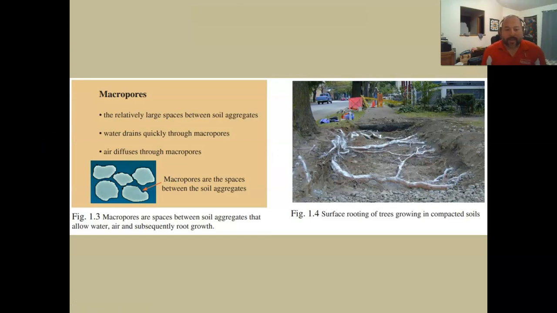I talked about this idea before: macropores are the large pore spaces between soil aggregates that allow water, air, and root growth. On the right, you see surface-rooting trees growing in these compacted soils. You want your roots to be able to spread out, grow, and find space, and you can see everything is really shoved together here.